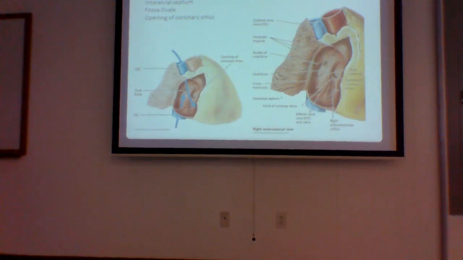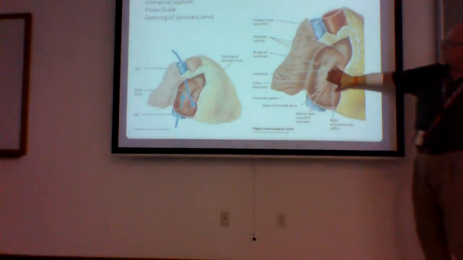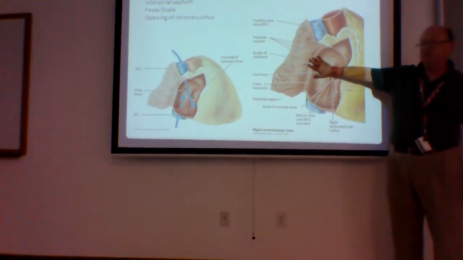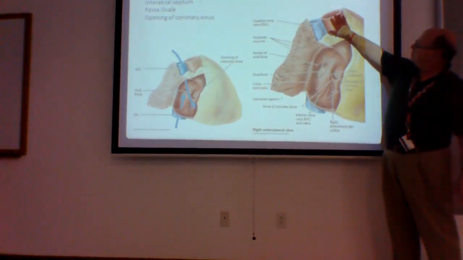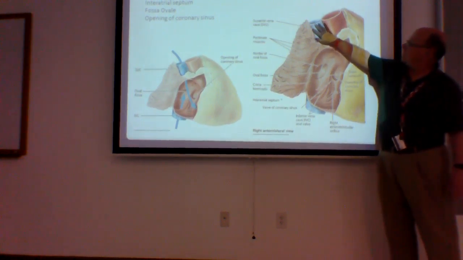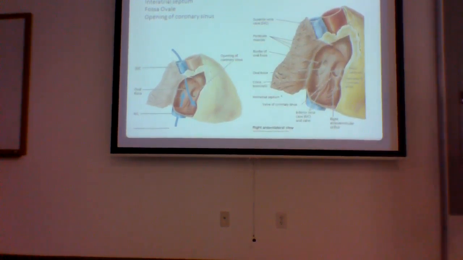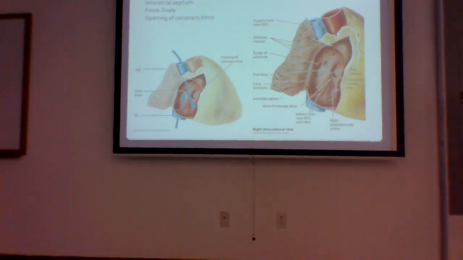So in this instance, here we've got that right atrium opened up. Okay? Here's our superior vena cava. The superior vena cava is getting everything from our upper extremities, our head and neck.